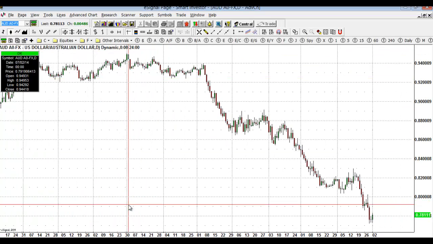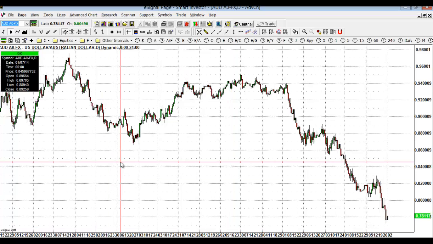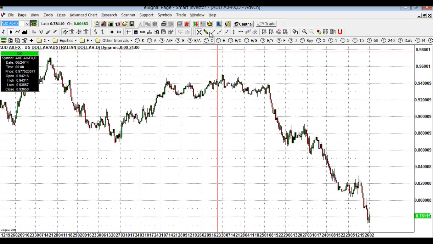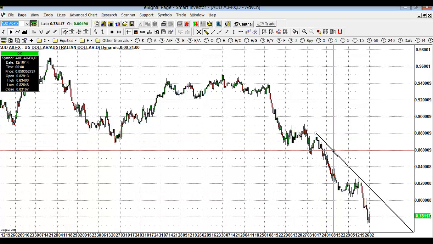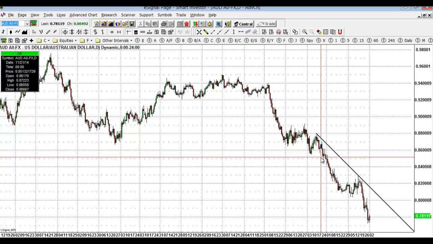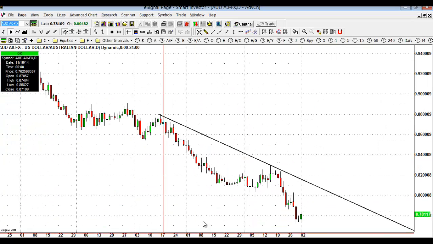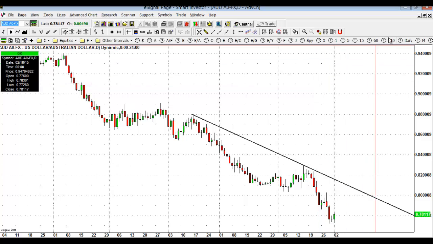Taking a look at the Australian dollar, we see that the market is also in a strong downtrend, and we can draw a fairly steep trend line here. That's a trend line. This is the daily chart of the Australian dollar.